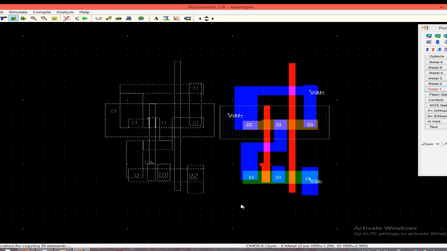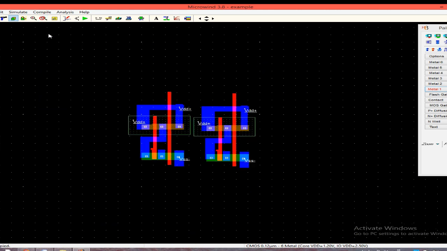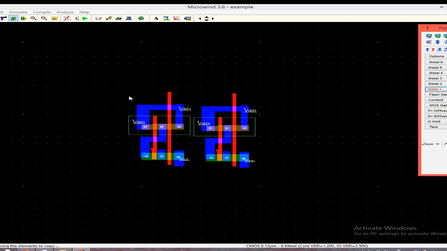We'll take one. I will just have to make it smaller so that I can maintain the structures. Again I have to do this.